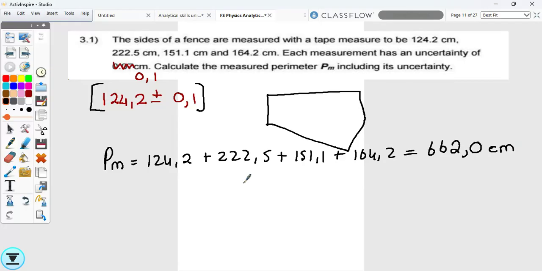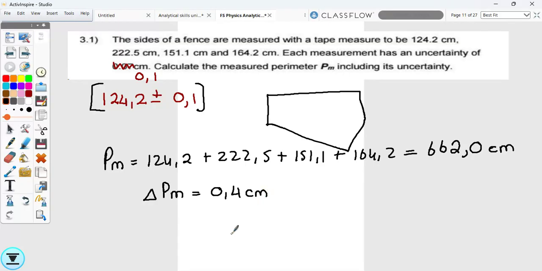Now we are going to get the uncertainty. The uncertainty in the perimeter is going to be the uncertainties in all these values, but because it's plus, it's going to be the actual uncertainties. So it's just going to be 0,1 plus 0,1 plus 0,1 plus 0,1, and that will just give us 0,4. And please, that is never your final answer.